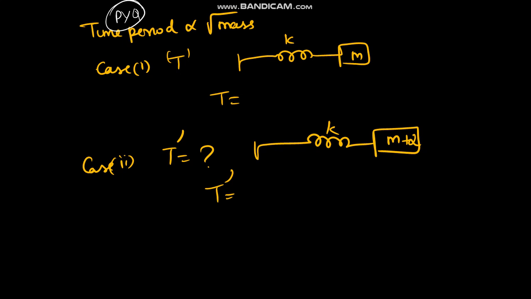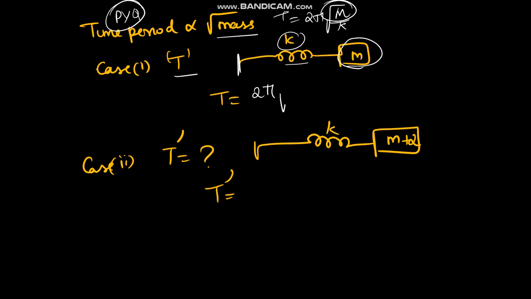See that time period is equal to 2 pi root of m by k. So time period is proportional to the square root of mass. In case 1, there is a ball attached by a spring of constant k to mass m. So time period will be 2 pi root of m by k.